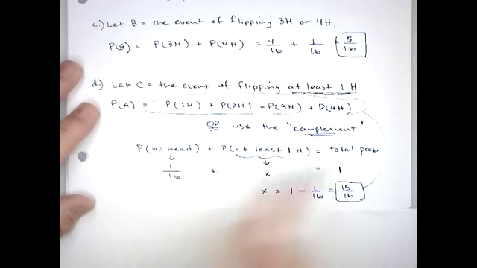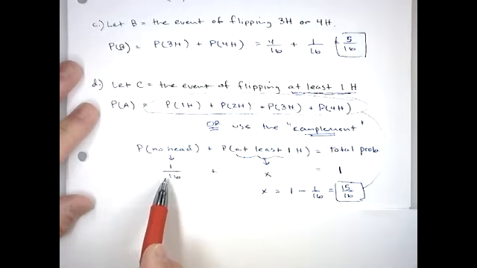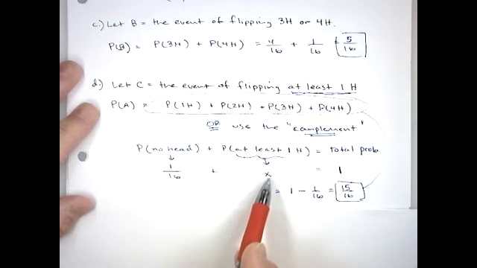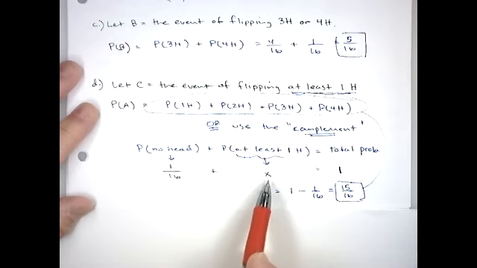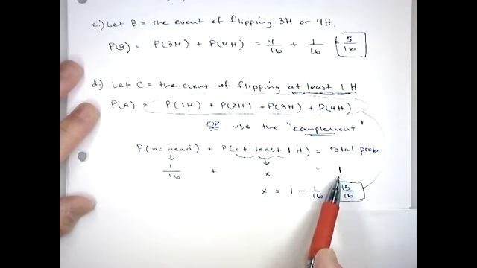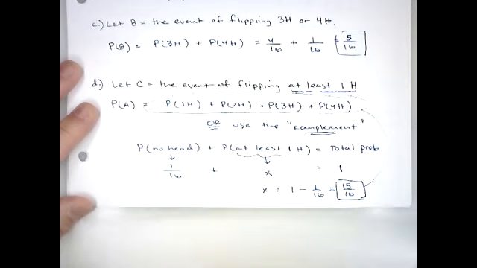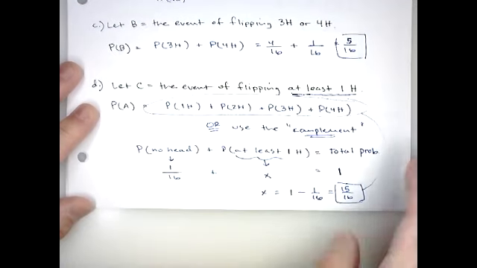So think of it as an algebra equation. The probability of getting no heads would be all tails, that's 1 out of 16. Probability of getting at least 1 head, which is all of these combined, let's just call that X. The total probability is 1. So if we just subtract that over, we get 15 out of 16 for our answer. Okay.